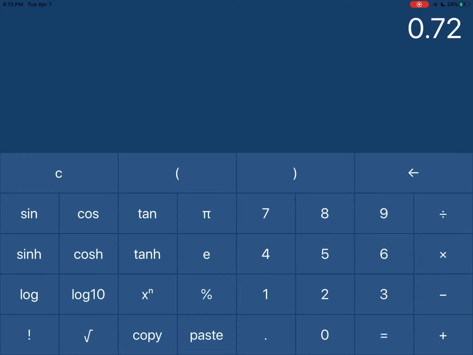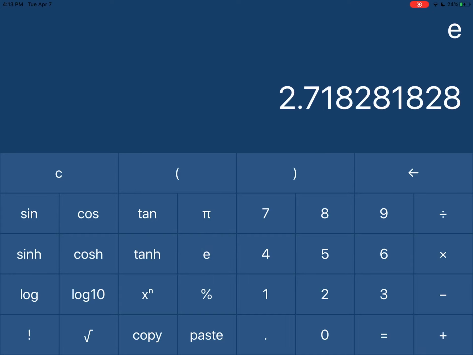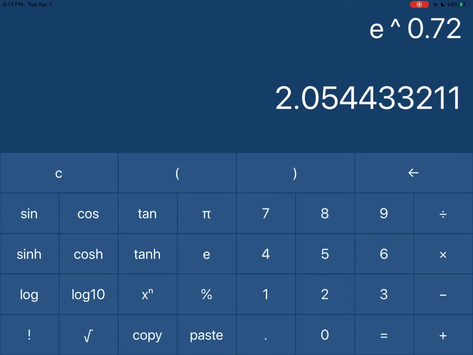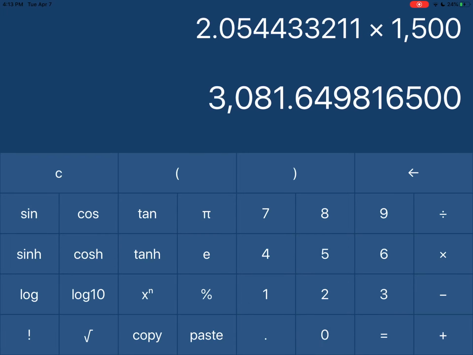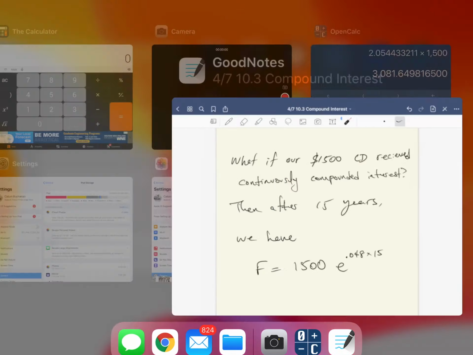Times 15 equals 0.72. e to the 0.72 equals 2.71. Oh, no. This isn't what I want. So that's e, and I'll click raise to the power of 0.72. Better. So there's a number, and then I'll multiply that by 1500. And what do we get? $3,081.65.